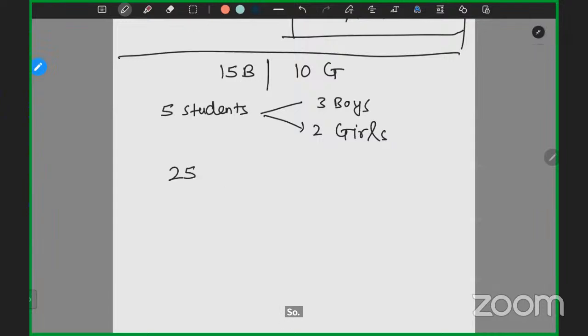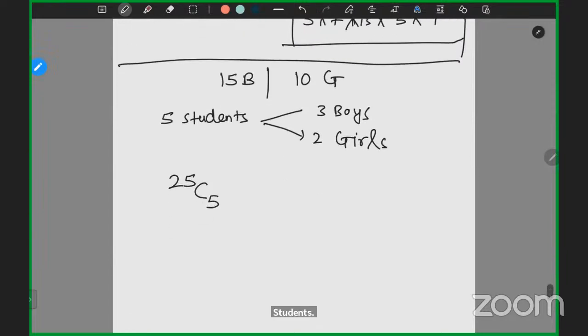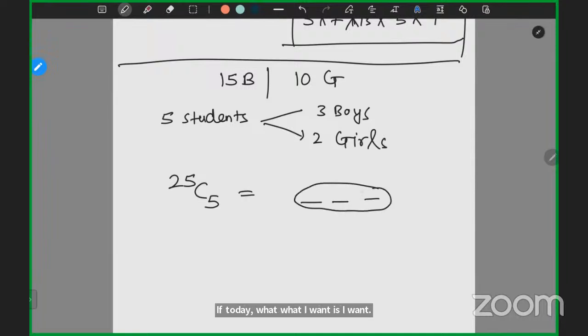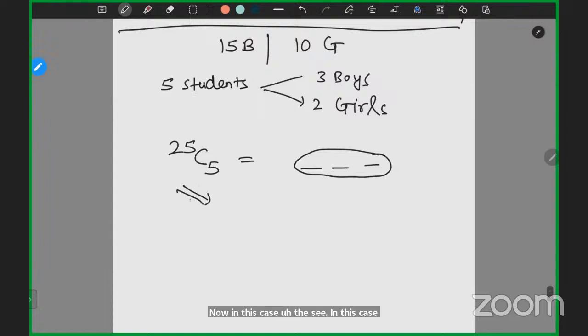So in total we have 25 students. If I do 25C5, I have 25 things, and out of that I'm picking 5, but that's not actually what I want. What I want is 3 boys only. Now what is the incorrect case?